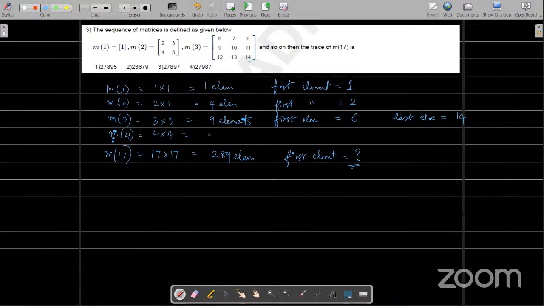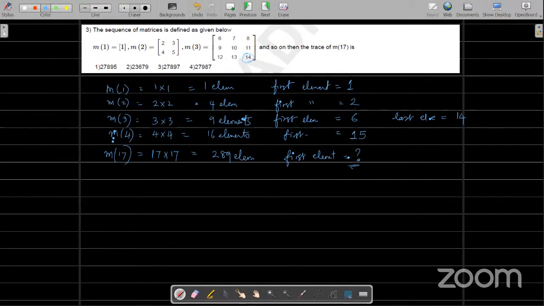So let's see, can you get this one? What is the first element of M of 4? It should start after 14, right? The 3 by 3 last element is 14 here. So M of 4 will start with 15.